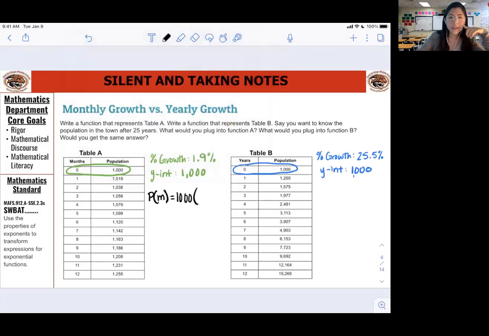There's my parentheses, and I know that I'm doing 1 plus 0.019 to the power of M. But like I always say, we got to simplify what's on the inside. So I end up with P of M equals 1,000 times 1.019 to the power of M. And M represents months.